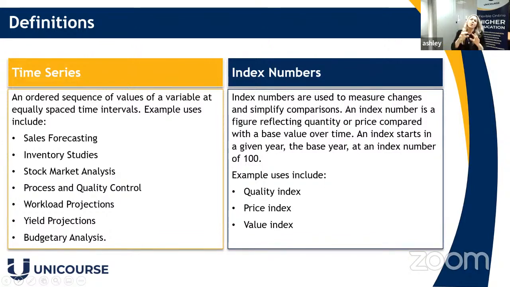And what you need to consider is there's always a base year to go from. So index numbers are used to measure changes and simplify comparisons, but the base year is always standard as 100. So an example of that might be in subsequent years, percentage increases.